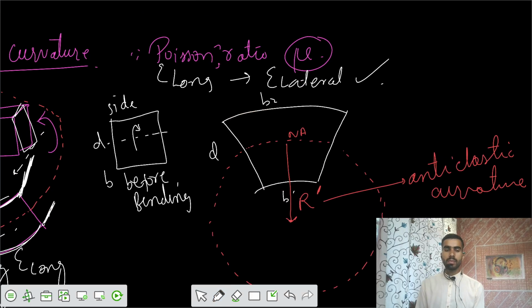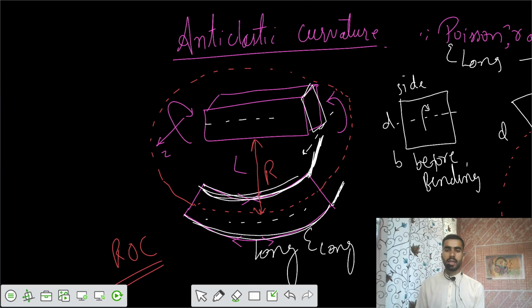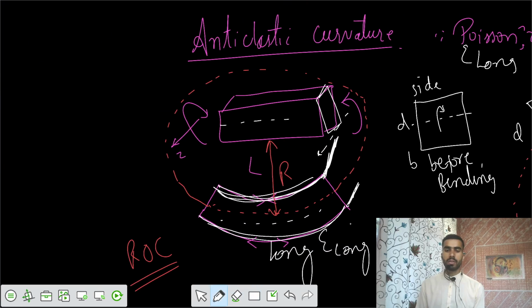Now, what is the value of strain? We know from the derivation that the strain along the x direction, strain in x equals y by R, where y is the distance from the neutral axis.